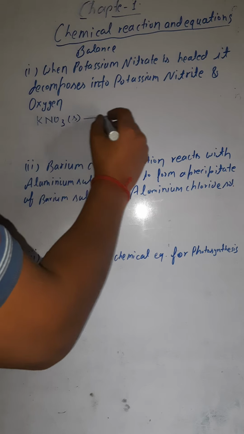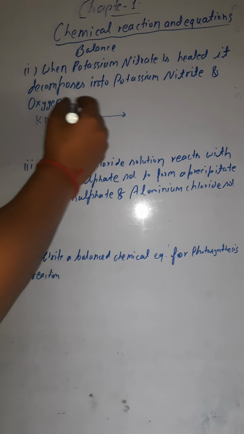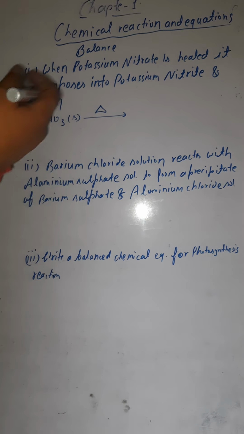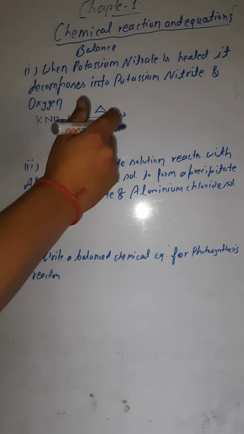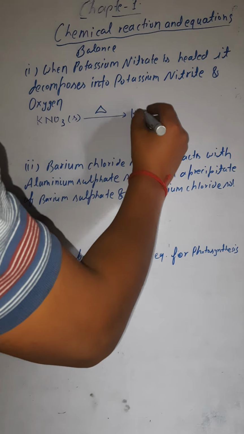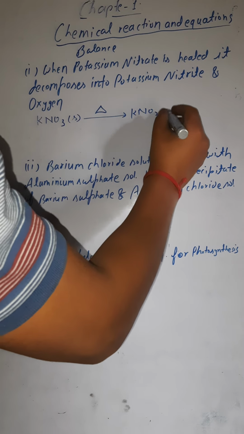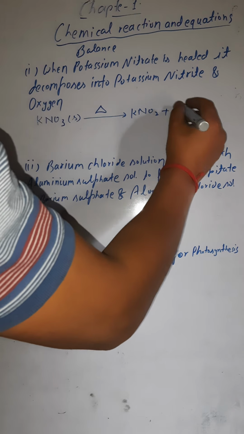When we heat it, the symbol of heat is denoted by delta over the arrow. So when we are heating this potassium nitrate, it decomposes into potassium nitrite, that is KNO2, plus oxygen, that is O2.